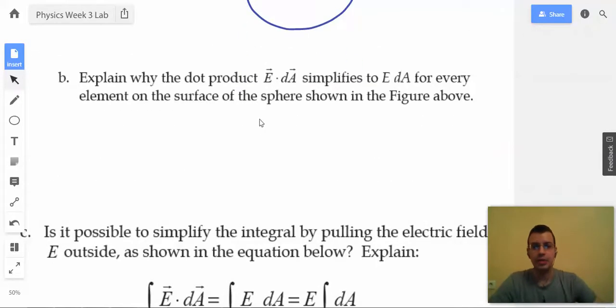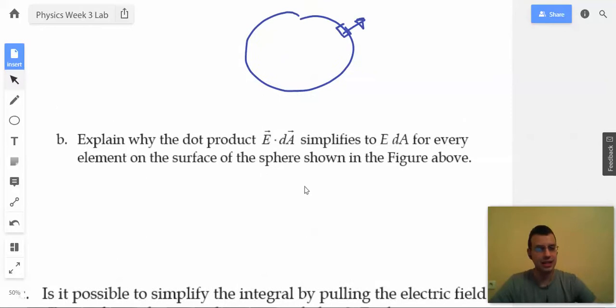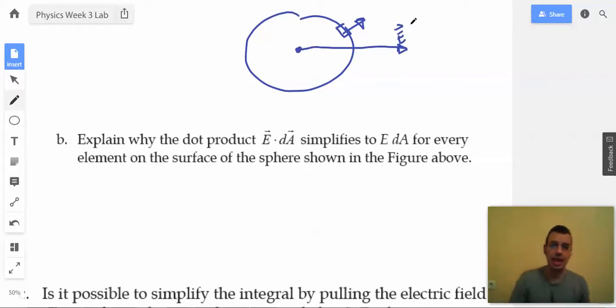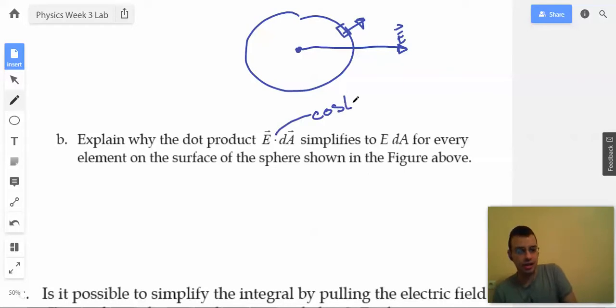Explain why the dot product E dot dA simplifies to E dA for every element on the surface. I'm just going to use this picture up here, easier. We have the electric field radiating from the surface, so all the dAs are going to exactly line up with the electric fields. This is going to be cosine of theta, where theta is the angle between the two, and this will be 1.